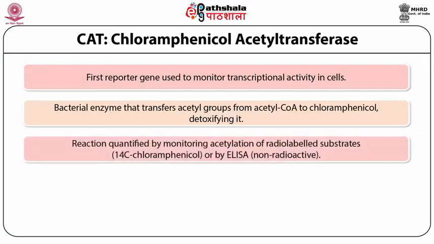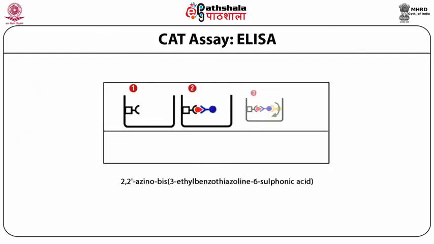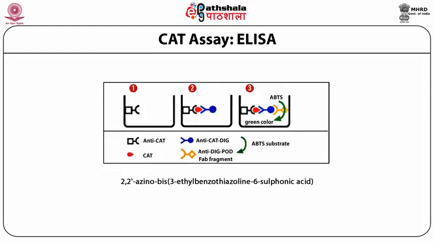The acetylation reaction can be assayed or quantified by monitoring acetylation of the radio-labeled substrate C14 chloramphenicol, or by ELISA, which is a non-radioactive assay. Assaying with C14 chloramphenicol is a radioactive assay, in contrast to the ELISA assay. In this, antibodies to the CAT protein are reacted, and these are acted upon by anti-CAT, which is conjugated to DIG.